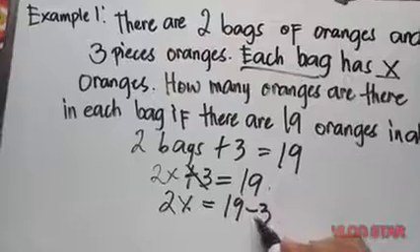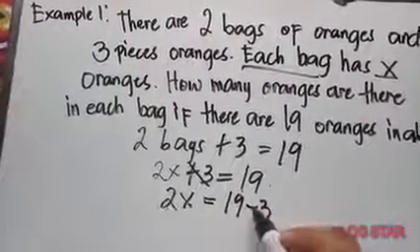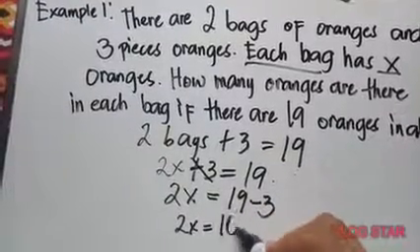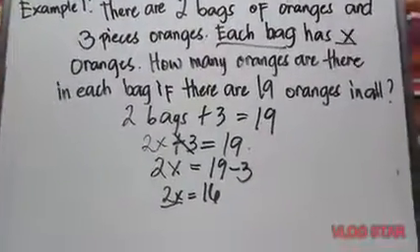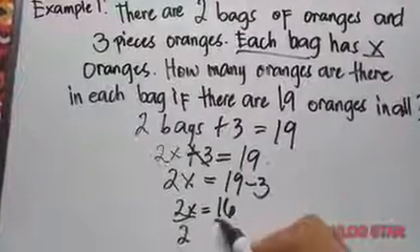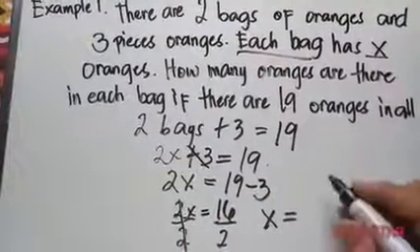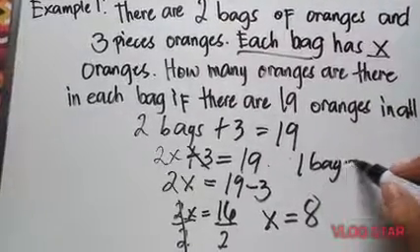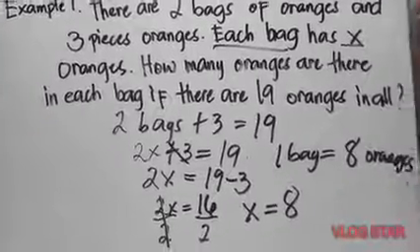Then 2x is equal to 19 minus 3. 19 minus 3 is 16. You can divide both sides by 2 para ang matira na lang ay si x. So, x is equal to 8. It means that one bag is equal to 8 oranges, or it has 8 oranges.